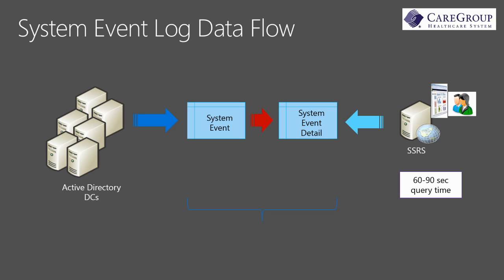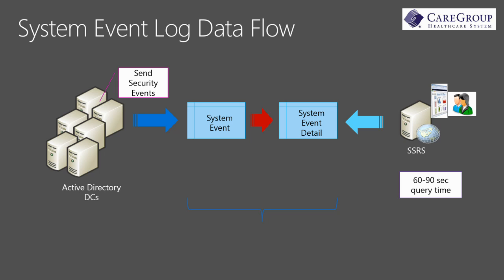So this is the system event log flow. Again, Active Directory domain controllers, and from there they had a client application that was sending info into a database. They had 2 particular tables here, system event and system event detail, with system event detail being the 90 gig table.